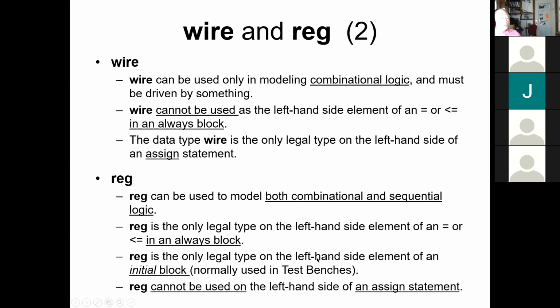Register is the only legal type on the left-hand side in an initial block, which we normally use in test benches or to initialize an FPGA. And the register cannot be used on the left-hand side of an assign statement. There are a whole bunch of other data types that we're not going to really deal with. We'll mention them at the end, but for all intents and purposes, these are the only two you have to mess with.